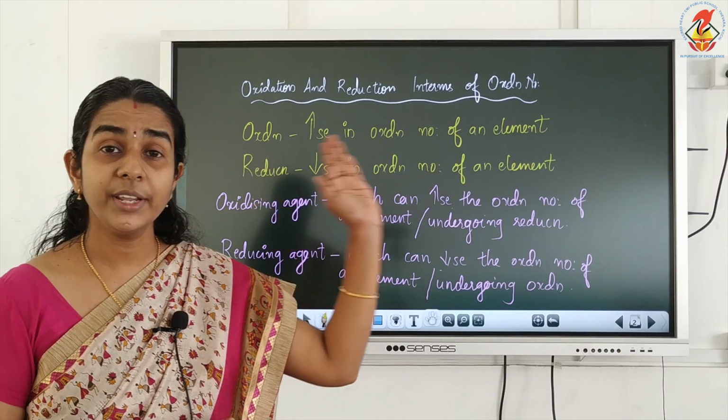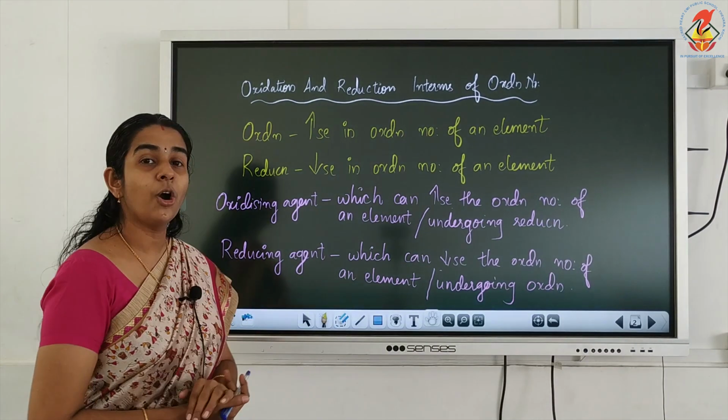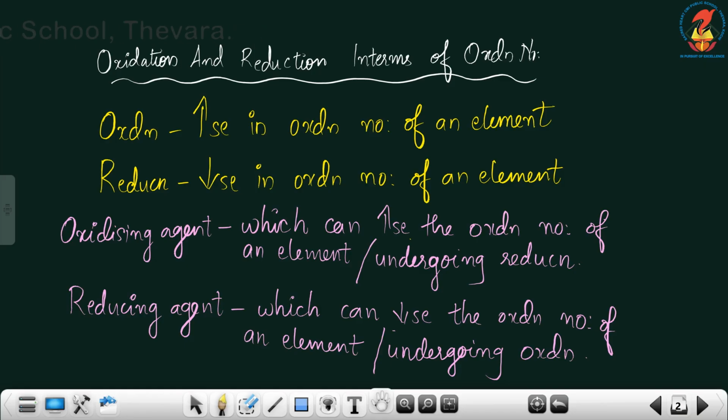If there is an increase in oxidation number of an atom or element, it represents oxidation. If there is a decrease in oxidation number, that represents reduction.